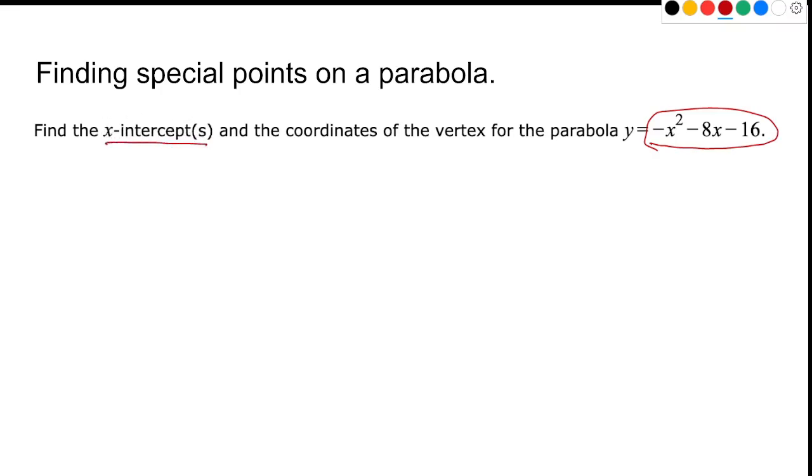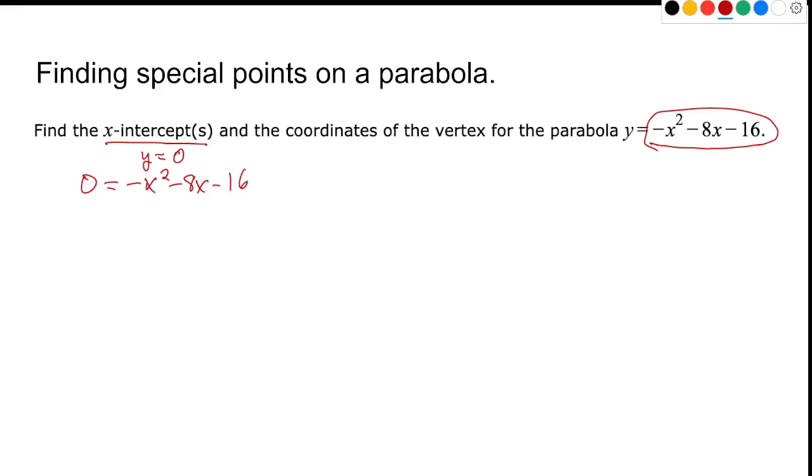So let's look at the x-intercepts. Remember, the x-intercepts are places where the y-coordinate is 0. So y is going to be 0. We've done this earlier. We can basically just solve this for x when y is equal to 0.